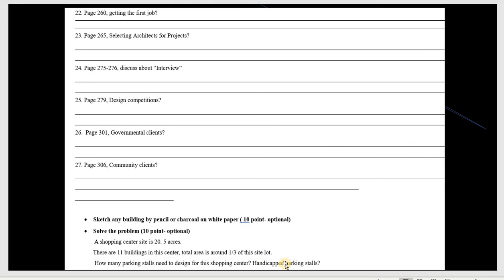After that you figure out how many handicap parking spaces are in that area. I covered how to solve that before in a few lectures on parking for environmental design, but I will review it this Thursday, November 5th.